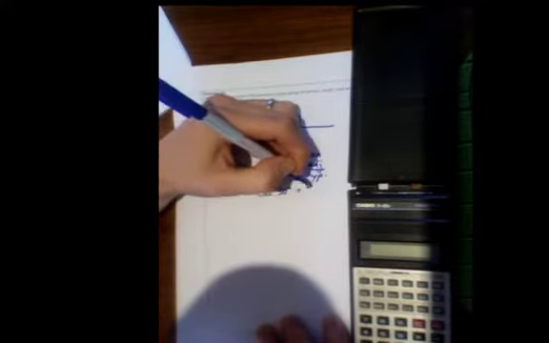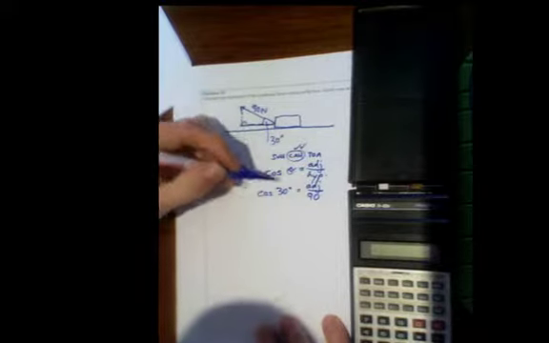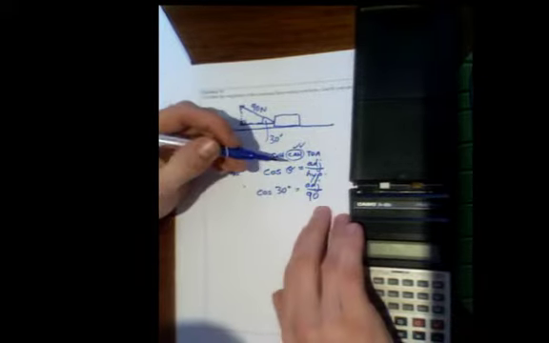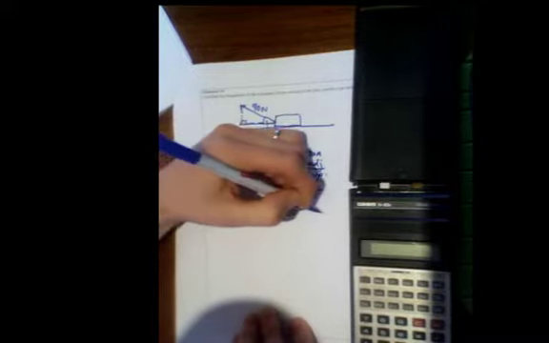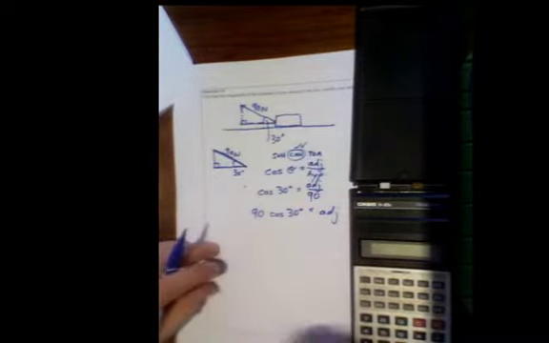Adjacent is our unknown. Hypotenuse is 90. Multiply both sides by 90 to get rid of this. So we've got 90 cos 30 equals adjacent.